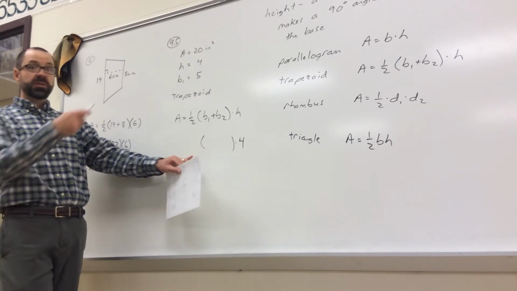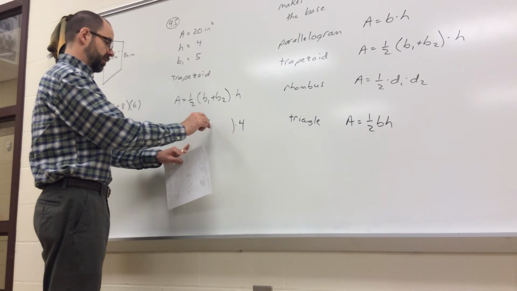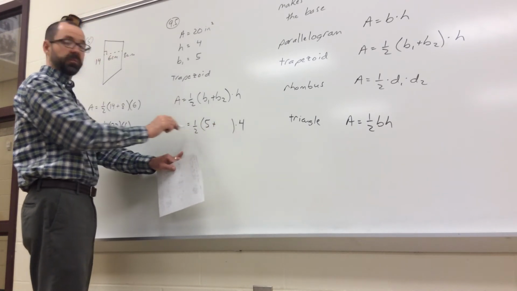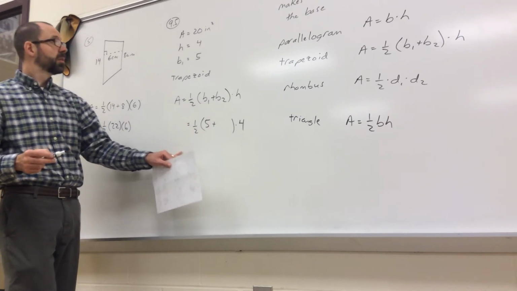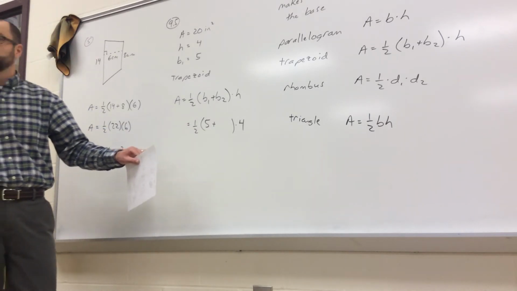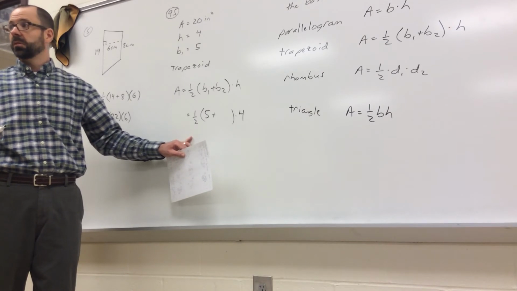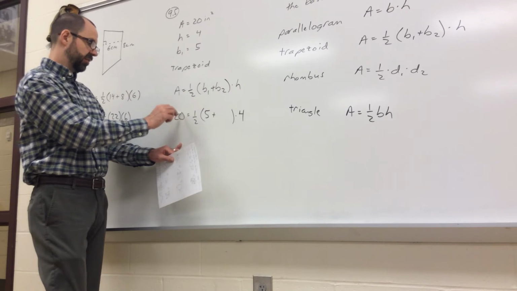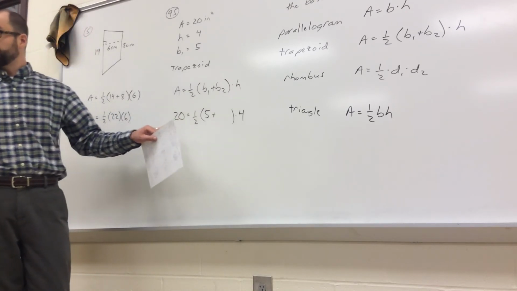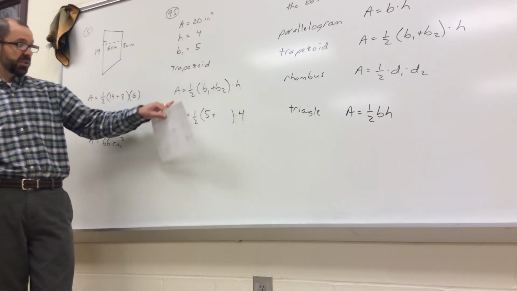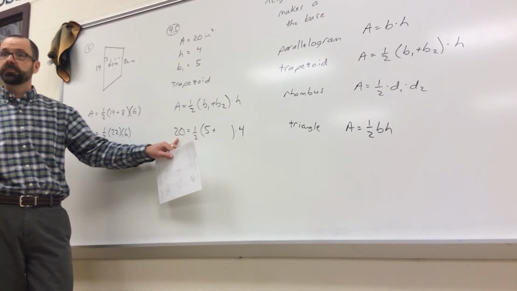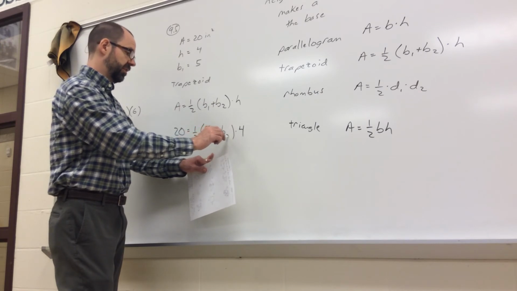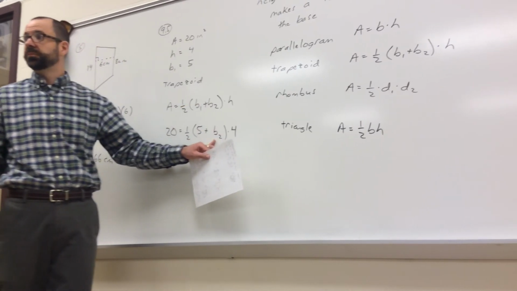Then B1, of course, goes for B1. 1/2's just hanging out. Carry it down. Where does the 20 go? Yeah, that's kind of weird. You're not used to putting a number in over here, right? But 20 is the area. So 20 goes in where the A is. And we don't know what base 2 is yet. So we're just going to carry that down and recopy the base 2.